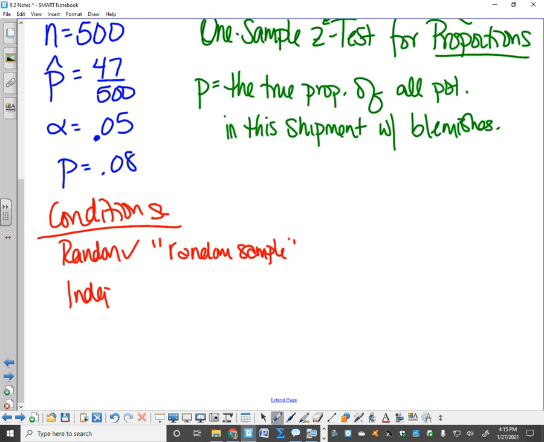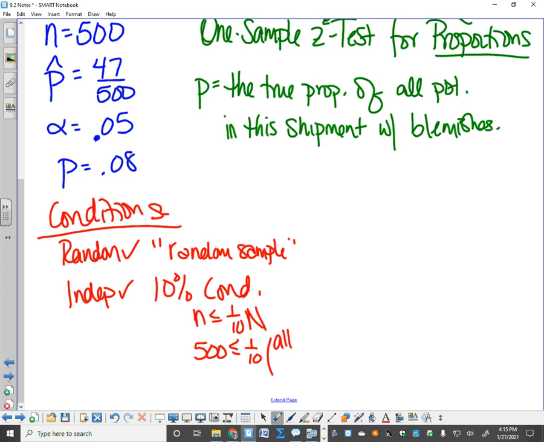Independent: 10% condition, which is little n, big N. My sample was 500. Now, this sample size has nothing to do with blemishes. It's just all potatoes in the shipment.